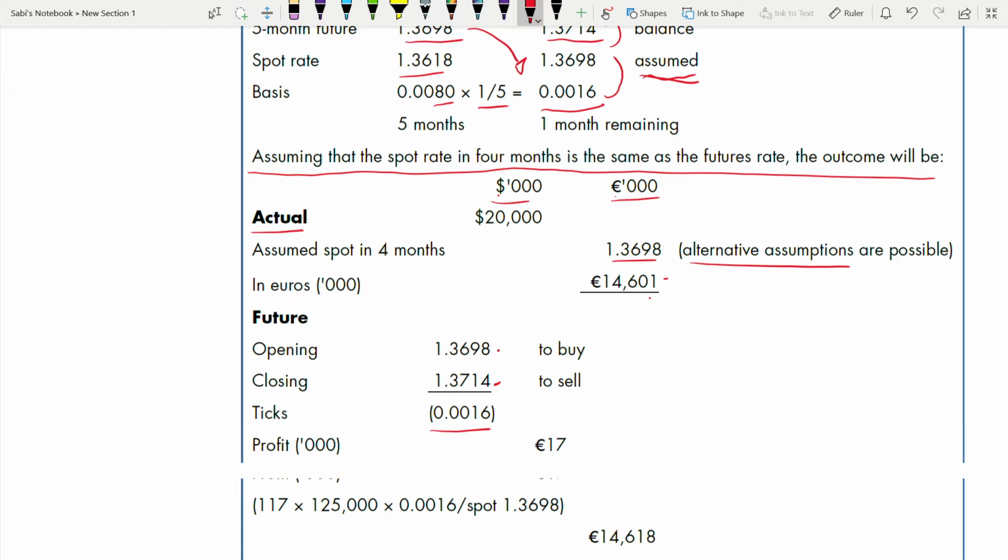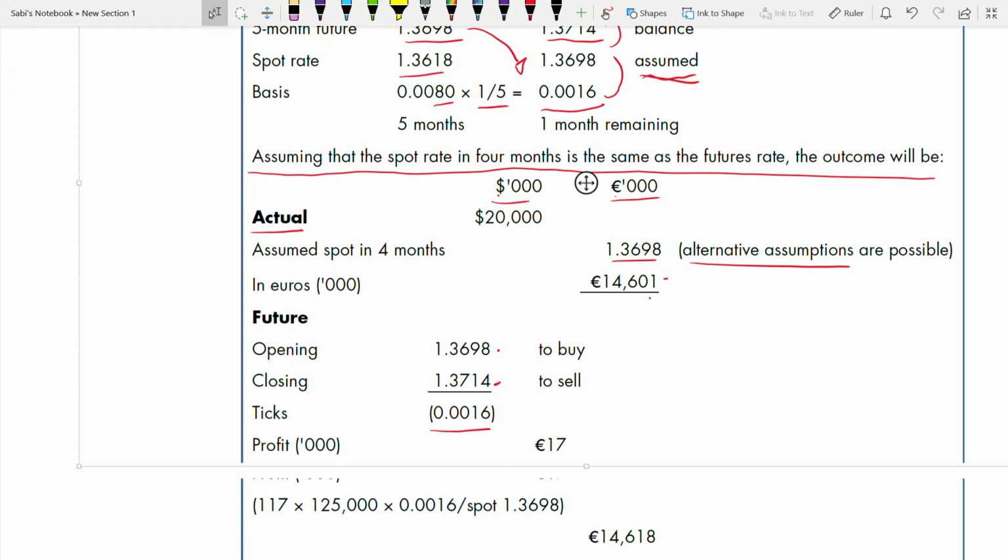It's a profit because you're buying at a lower price and selling at a higher price. Here they have shown brackets because maybe they are deducting 1.3698 minus 1.3714, which comes to a negative number, but actually it's a profit. So don't get confused: here they write brackets and below they write profit. It is a profit only, so keep it as positive.